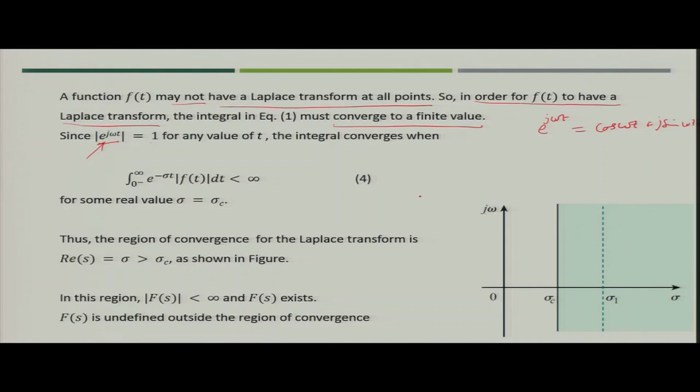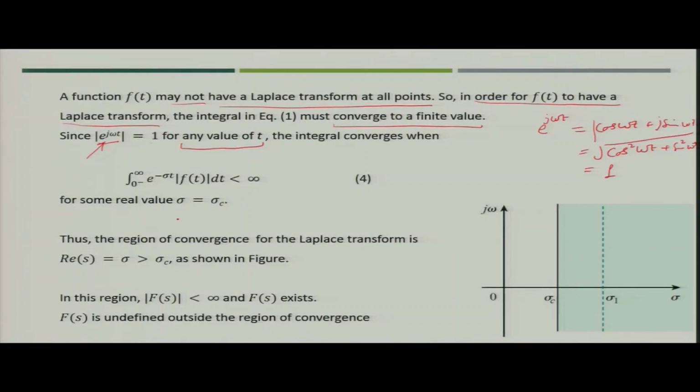If you take the mod of this, it becomes root of cos square omega t plus sin square omega t, and the value of this is 1. So the mod of e to the power j omega t is equal to 1 for any value of t. It means that this is a finite value, so you can take it out.